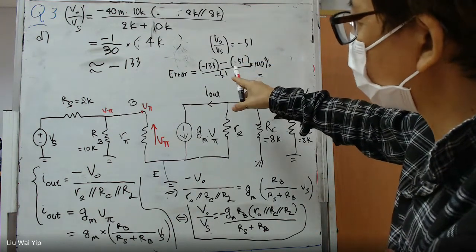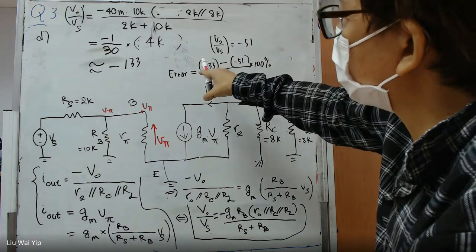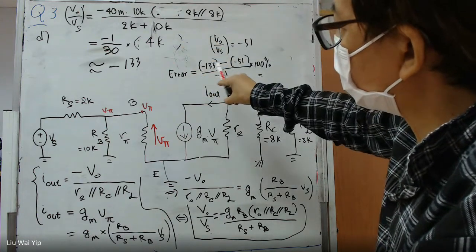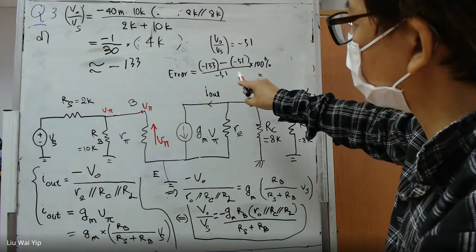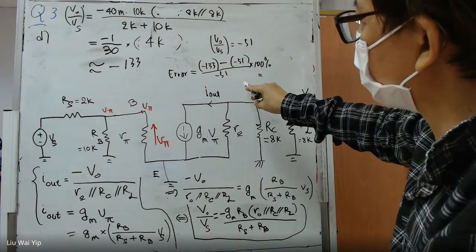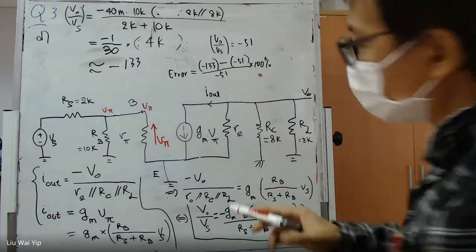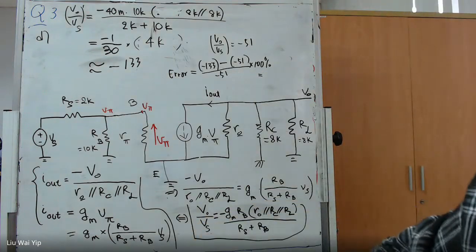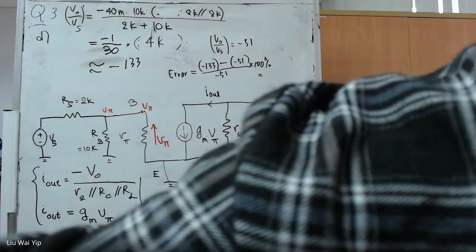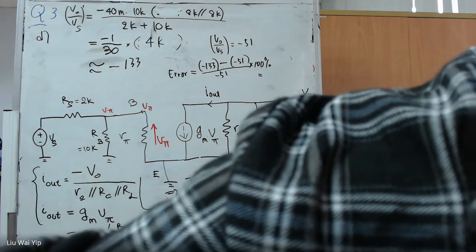They are now trying to check if you ignore the early effect, what kind of percentage error you get. So I think this is one way to calculate the error. Let me check. 133 minus 51.